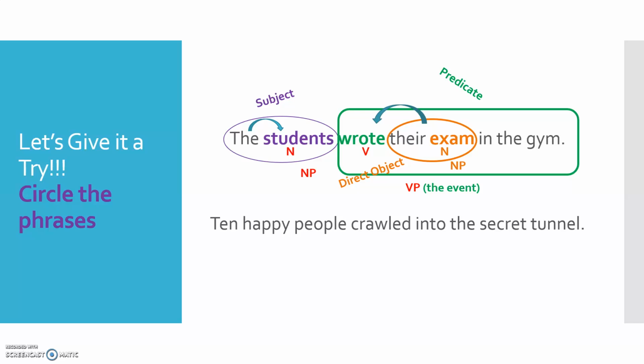It's the thing kind of directly impacted by the verb. So this is a very common structure for sentences in English to have the subject first, then you have the main verb in the predicate, followed by a direct object, the thing that gets impacted by the action of the verb. But we also have in the gym at the end. And in the gym is marking a location.